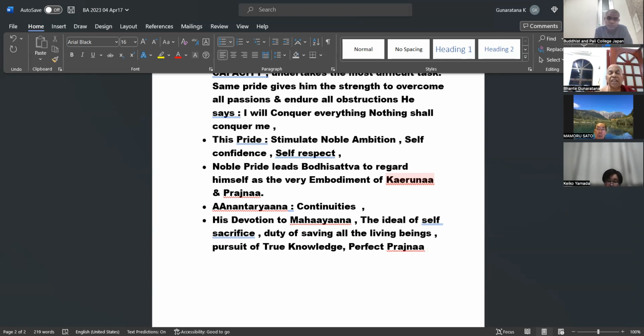5 continuities. He continues these 5, right? Devotion to Mahayana, the ideal of self-sacrifice, duty of saving all the living beings, pursuit of true knowledge, perfect prajna.